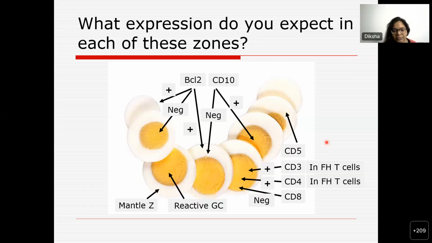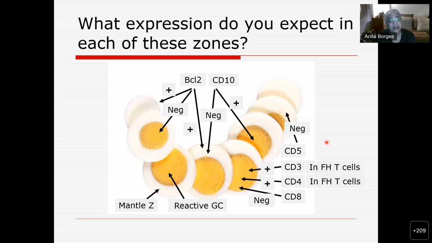And the answer is no, it has to be negative. Okay? Because CD5 is a T cell marker under normal circumstances. There are no T cells in the mantle, right? If there are T cells, they are in the follicle centers.